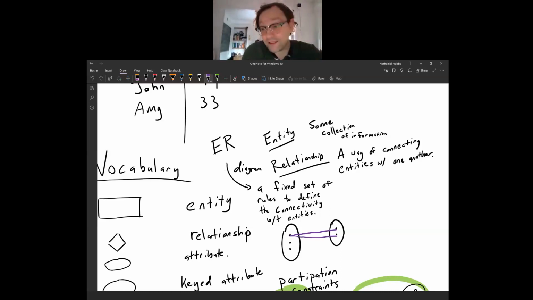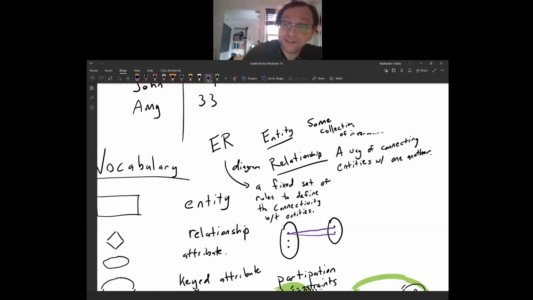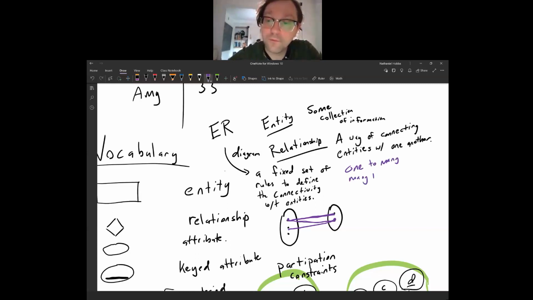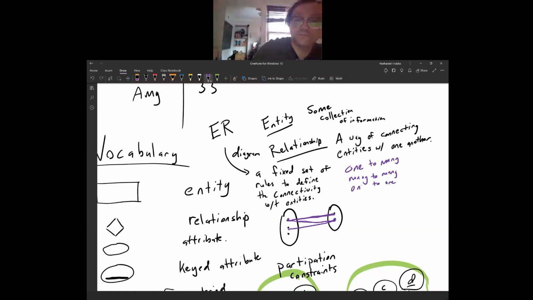We could have a many to many, in which case you can have a one to many on one side, and then you can also have a one to many on another side. So now this is a many to many. There's also a one-to-one. One-to-one means that one has to match up with one.